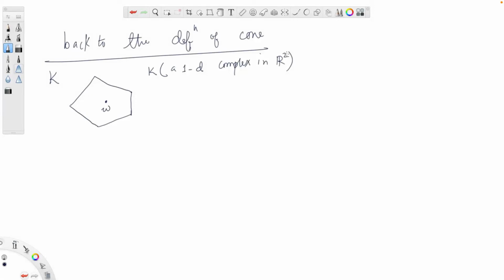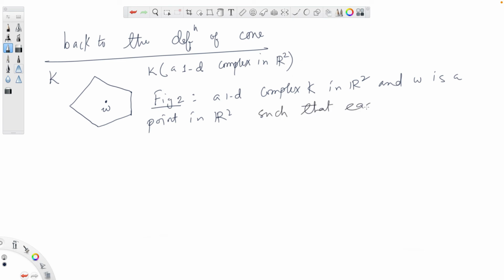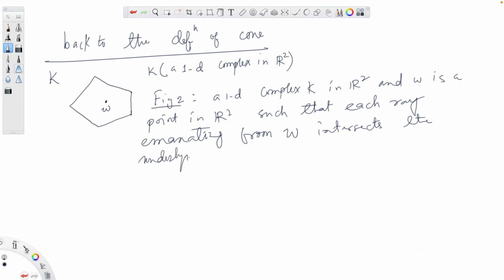Let me number this figure as figure 2. It's a 1D complex K in R2, and W is a point in the 2-dimensional Euclidean space such that each ray emanating from W intersects the underlying space in at most one point.